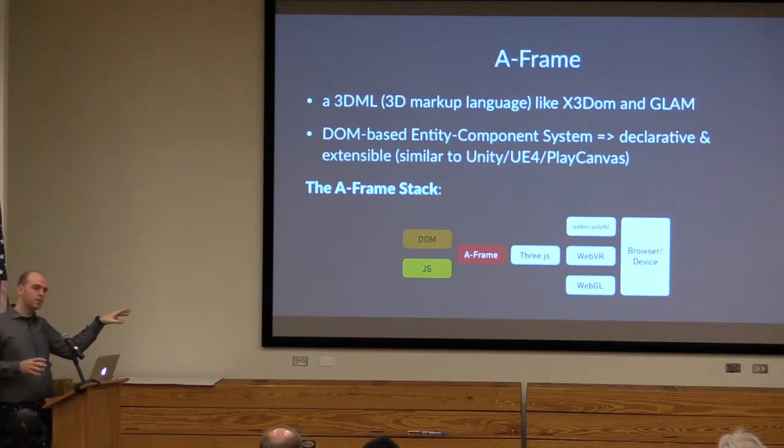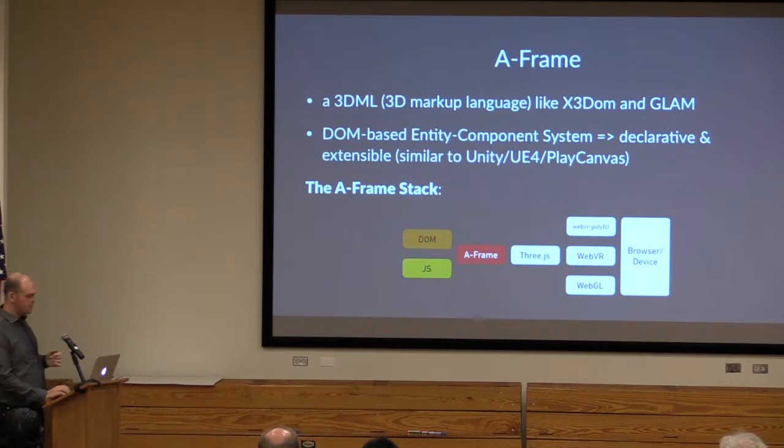And if you have a browser that does not support WebVR yet, which is most of the browsers out there, it uses the WebVR polyfill to basically create a visual layer that accepts WebVR. So you can use your A-Frame on an iPhone, on Safari, even though it's not even considering WebVR at this point.